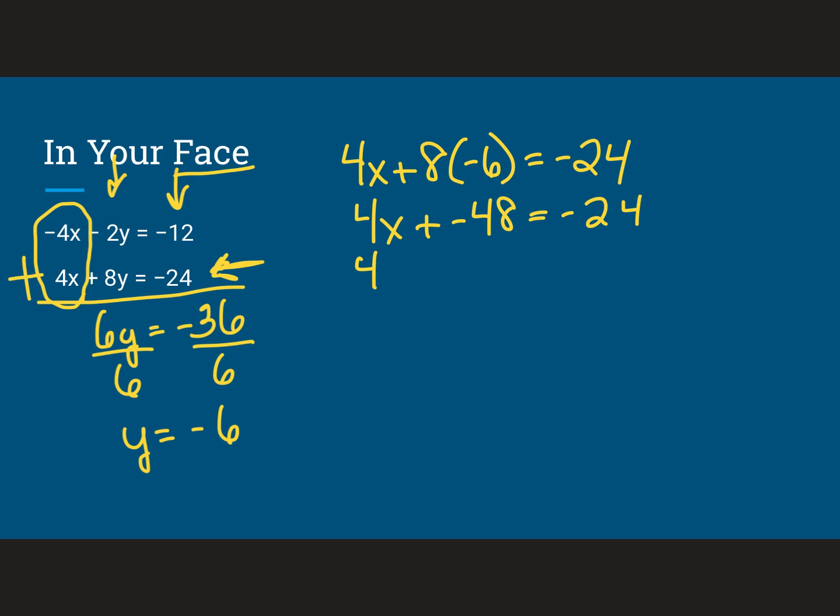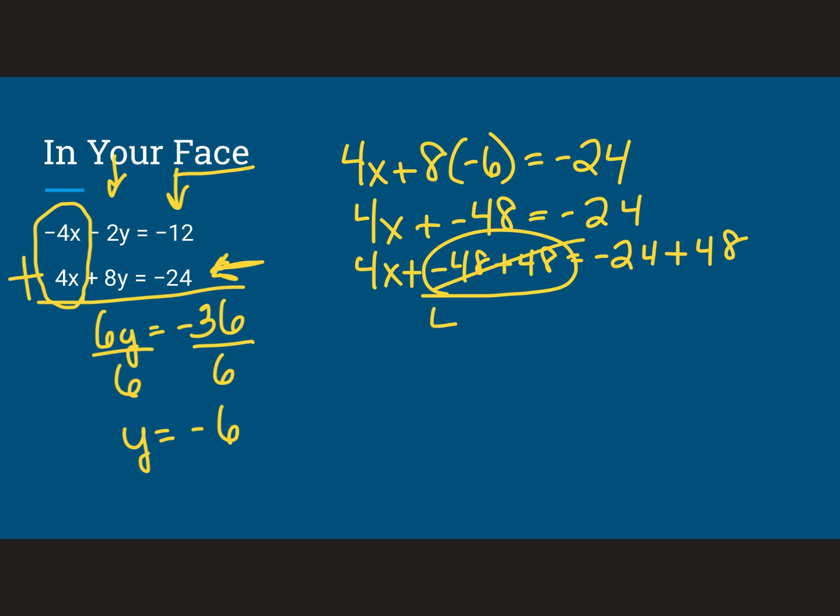So I have 4x plus negative 48 plus 48 equals negative 24 plus 48. So on this side, these are going to cancel. I get left with 4x. On the other side, negative 24 plus 48 gives me a positive 24.